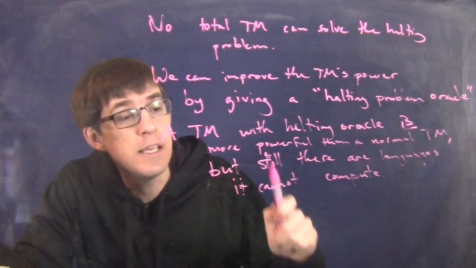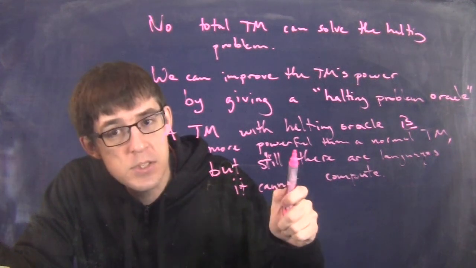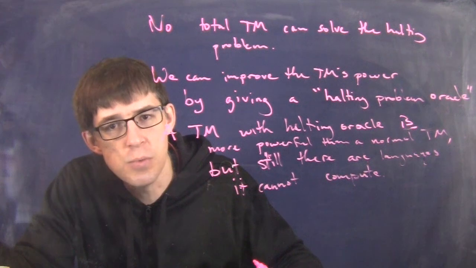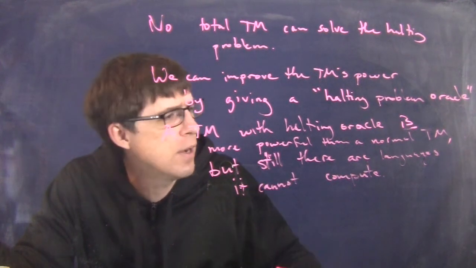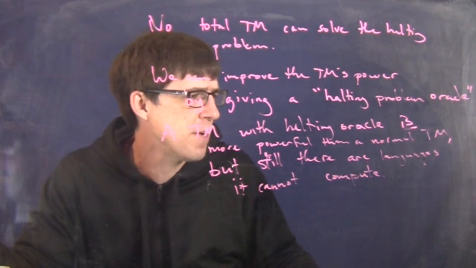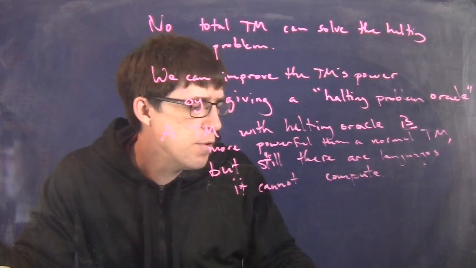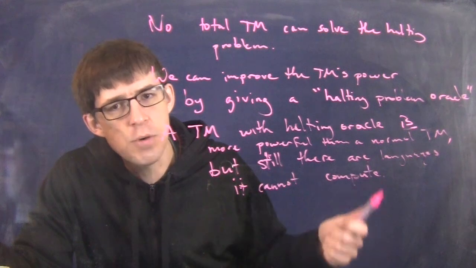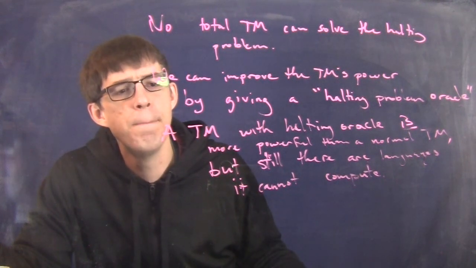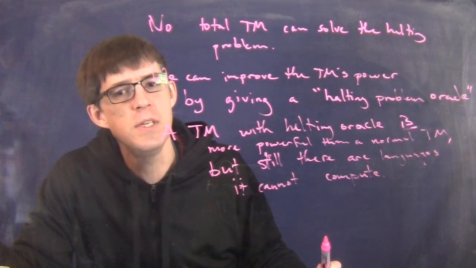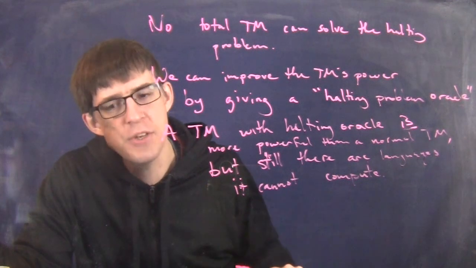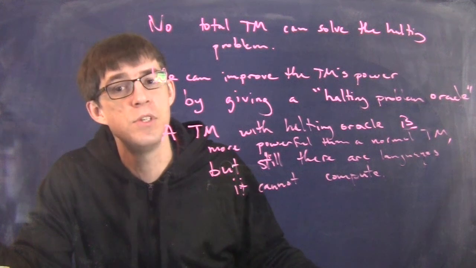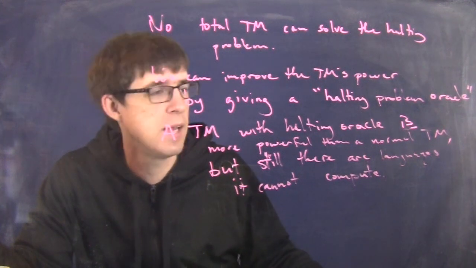In fact, even if you do that, every such machine that you construct will still have languages which it cannot compute. To me this is philosophically interesting. If you imagine the Turing machine and just keep on giving it extra magical powers one by one, every time you give it more and more magic, there are going to be a few weird languages that that machine still cannot accept.